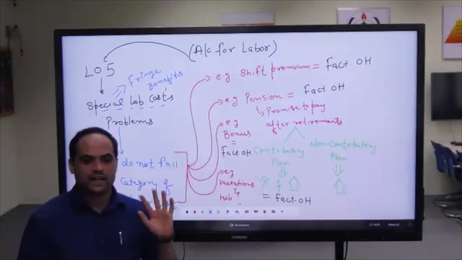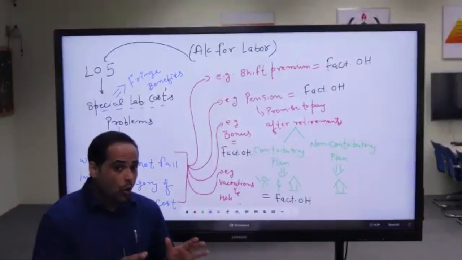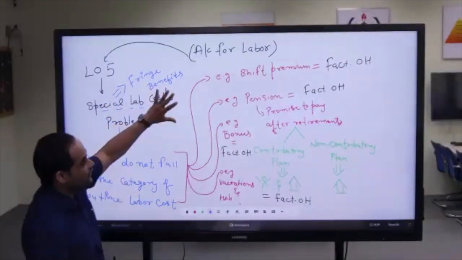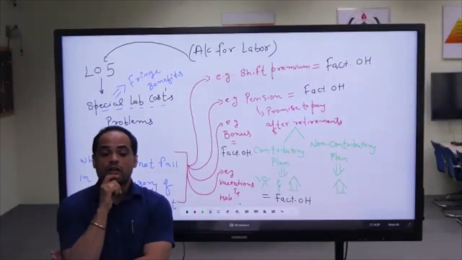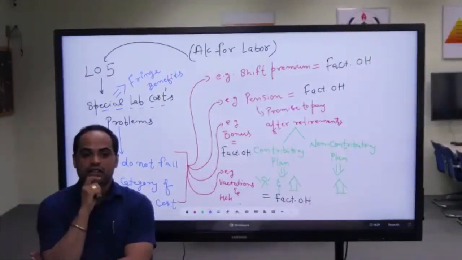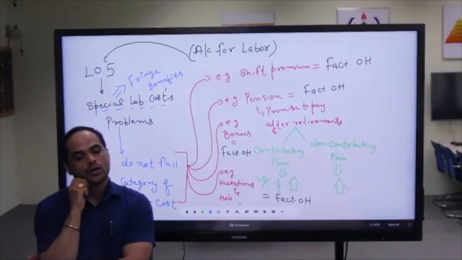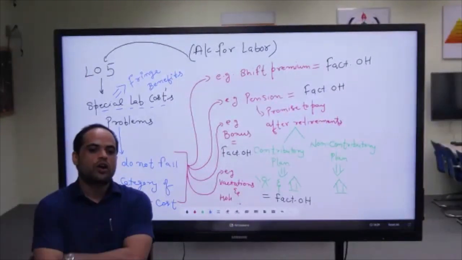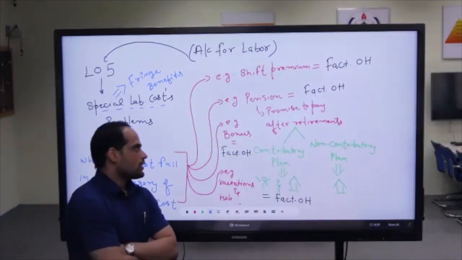All fringe benefits will transfer to the factory overheads. It will be treated as indirect labor, not direct labor. So keep that in mind.